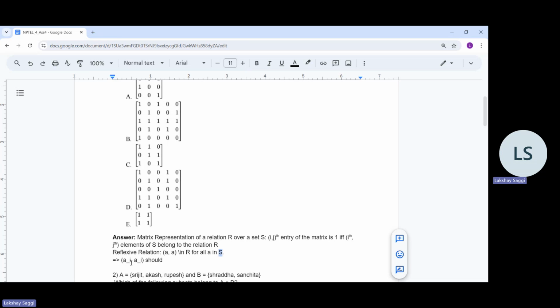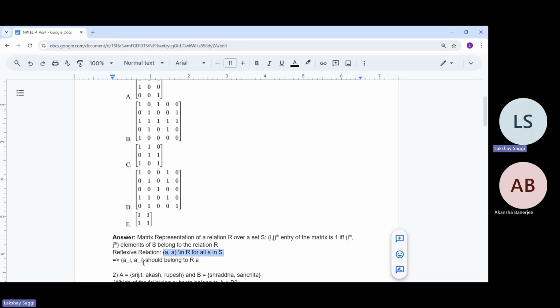So A subscript I denotes the ith element of the set S. If the relation R is a reflexive relation, this just means that if all the elements are denoted by AIs, then AI comma AI should belong to the relation R for all AI in S. Both of these statements are equivalent, I have just written this down in this form.